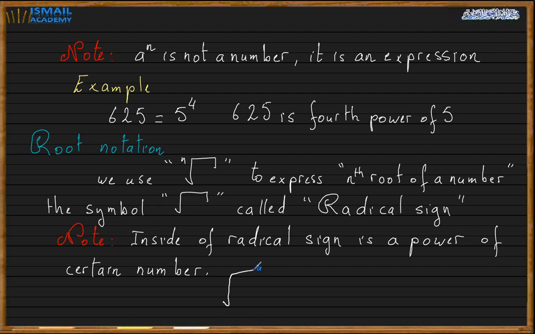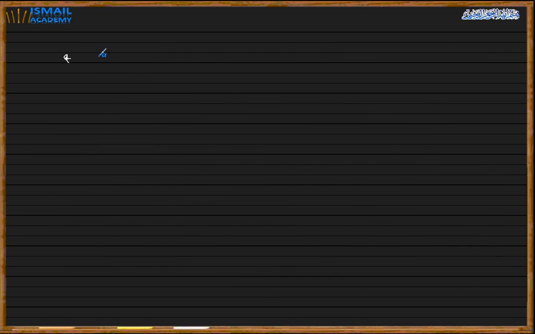So if I have the nth root, here will give me the root, and what's inside is a power of that root, which is the nth power of that root. That's the idea behind it.